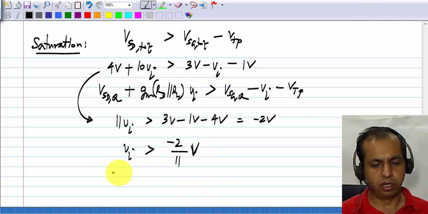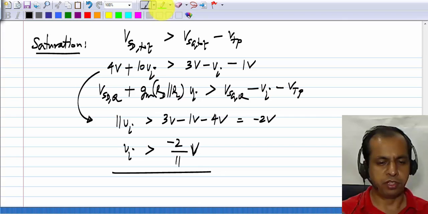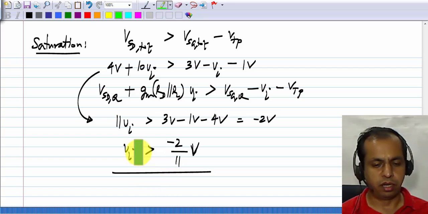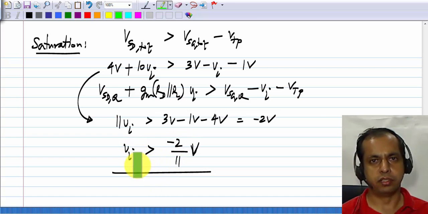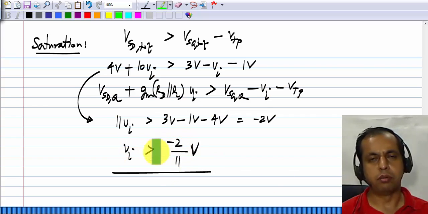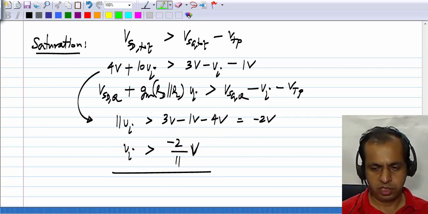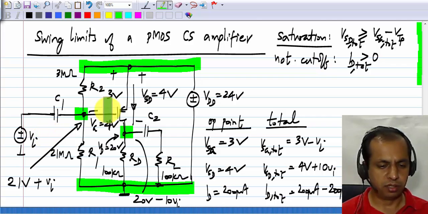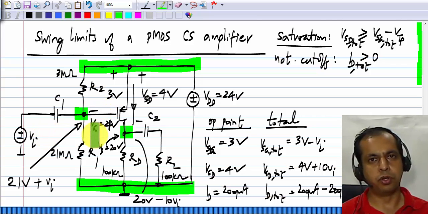Now, if you recall, in case of the NMOS common source amplifier, the saturation condition was setting the upper limit for Vi. Now it sets the lower limit for Vi. You can see that Vi has to be greater than minus 2 by 11 volts. Why does this happen? Here, as Vi becomes smaller, the gate voltage becomes smaller.